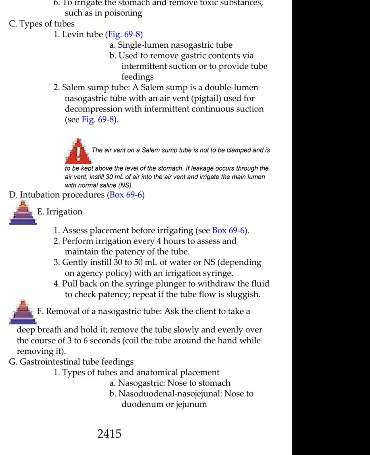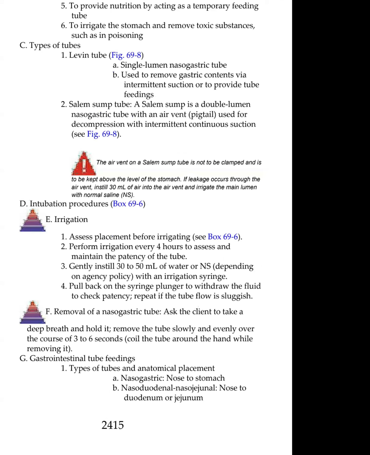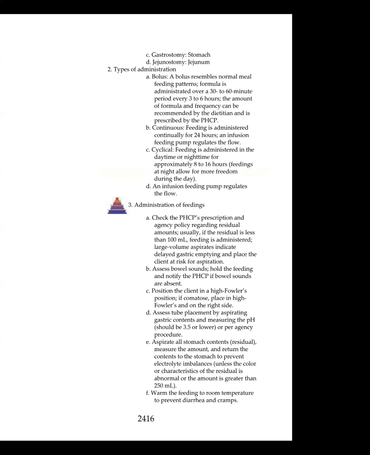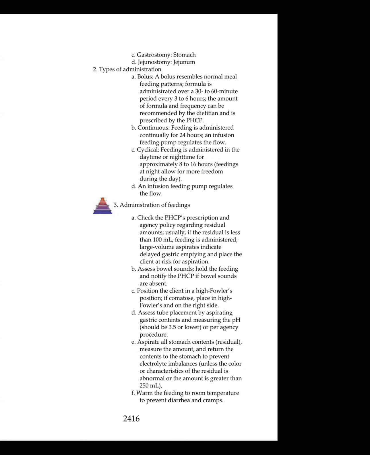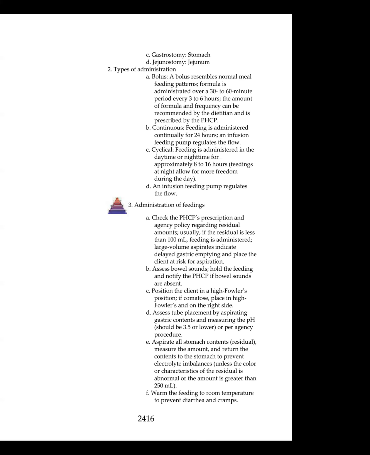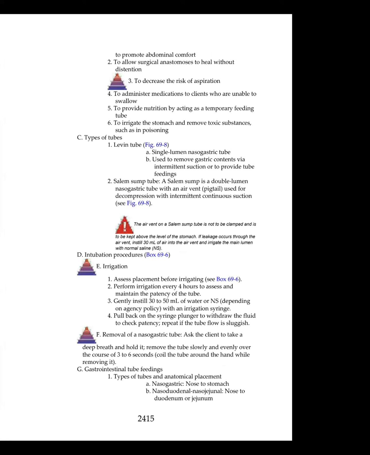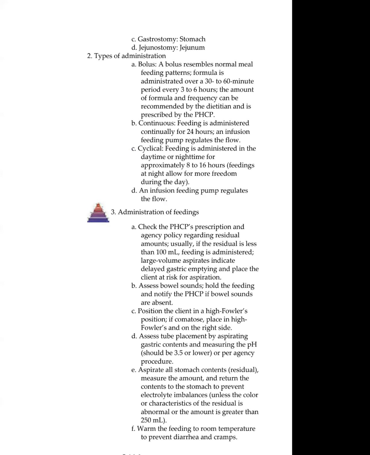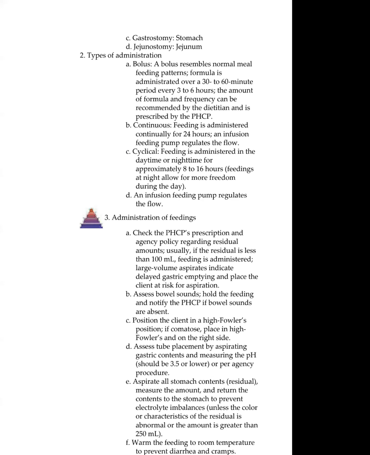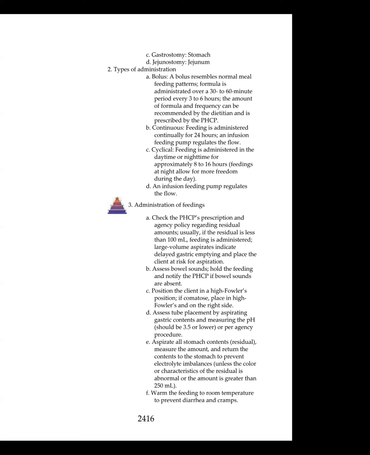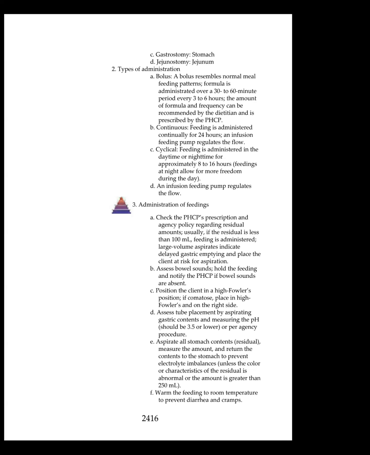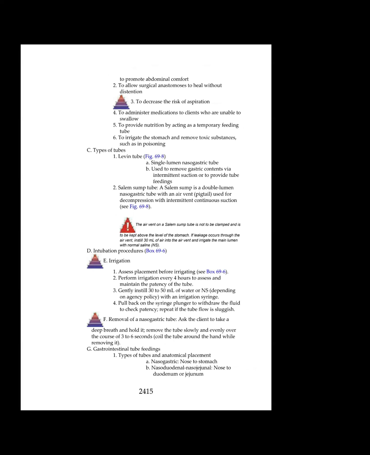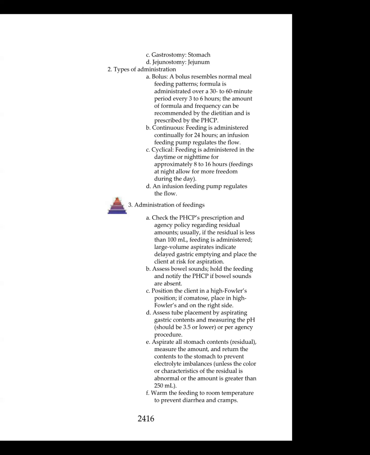Nasogastric tube, NG tube: nose to stomach. Nasoduodenal or nasojejunal: nose to duodenum and nose to jejunum. Duodenum, jejunum, and ileum are parts of the small intestine. Jejunostomy and gastrostomy: gastrostomy means stomach and jejunostomy means jejunum. With a stomy, an opening is made on the abdomen and the tube is placed directly, like a colostomy, to give feed directly into the stomach or the jejunum.